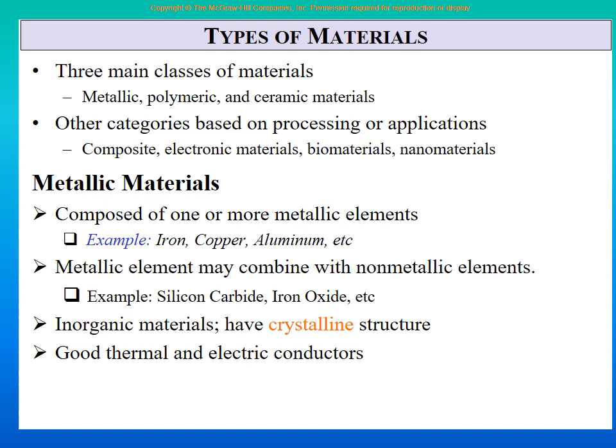They could be metals or ceramics or whatever, but if they are applied in the field of electronics, they are electronic materials. There will be biomaterials: any type of materials, whether they are metals or whatever, but if they are used in biological applications, then they will be biomaterials, right? So these are the major basic categories of materials. Inside each of them there will be many, which we will study later on.